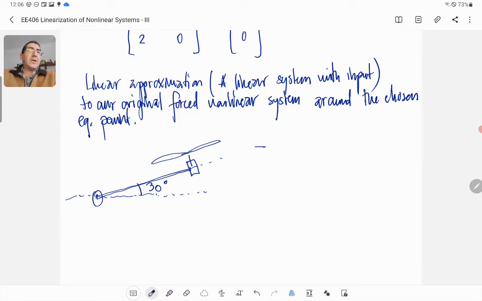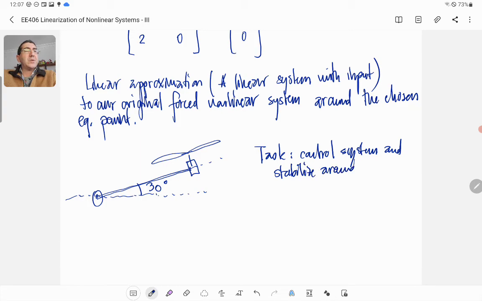So let's say the task is to control the system and stabilize it around theta equal to 30 degrees.